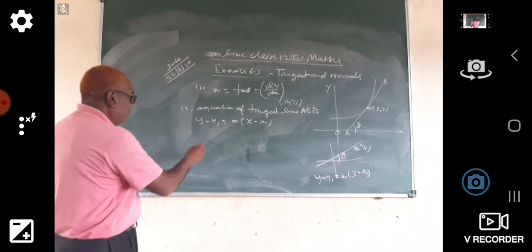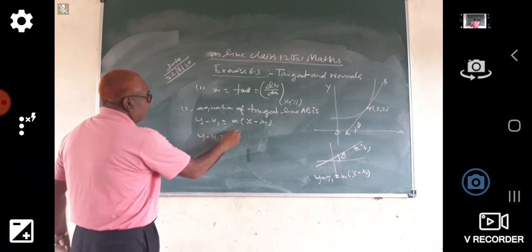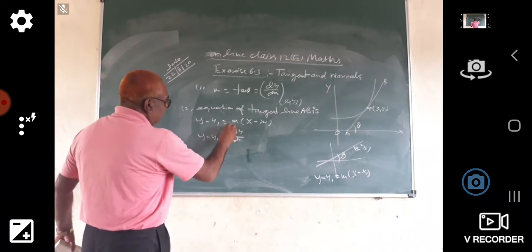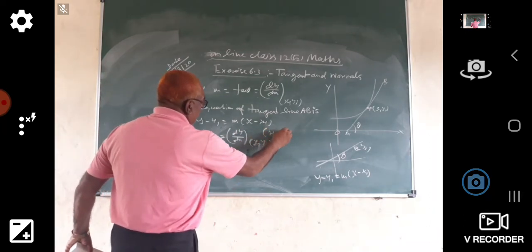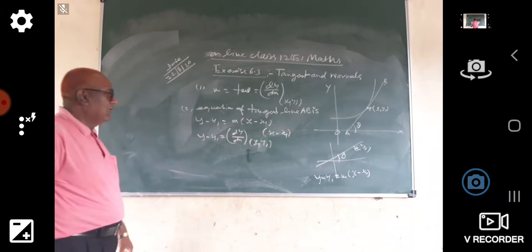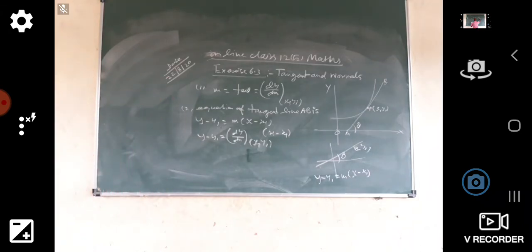So putting the value of m, y minus y1 is equal to dy by dx at x1, y1 into x minus x1. So this is the equation of the tangent line AP.